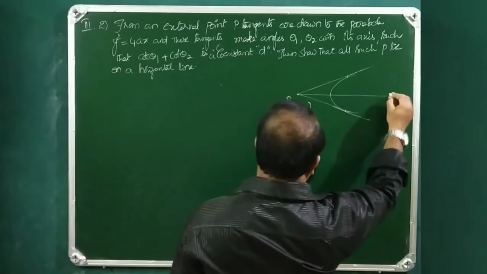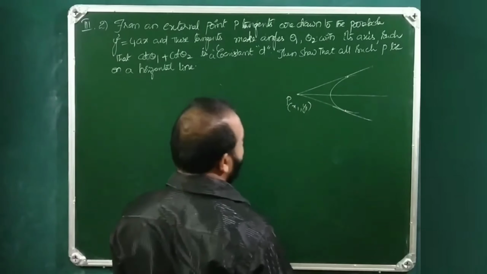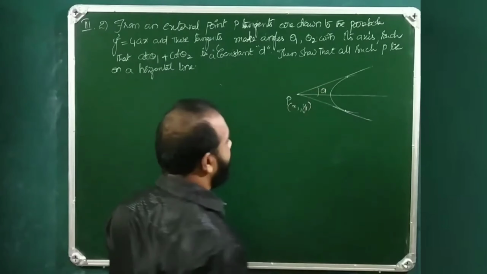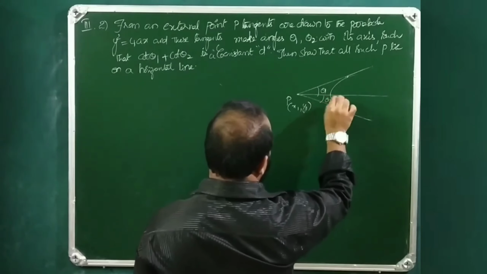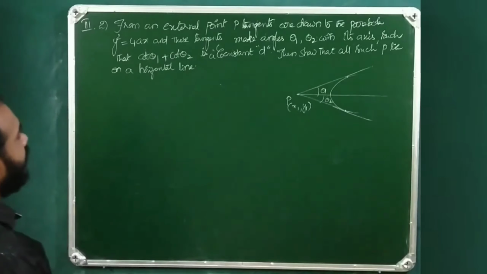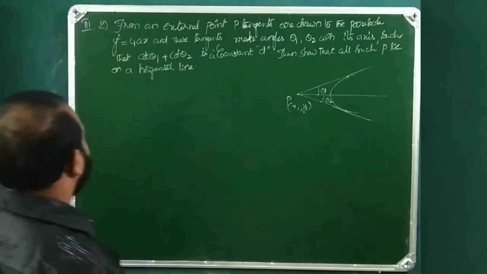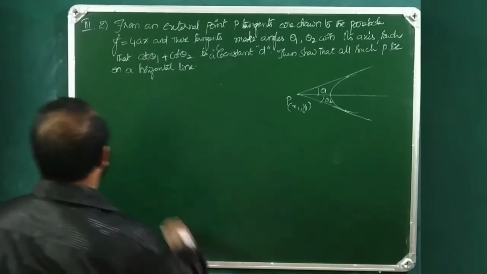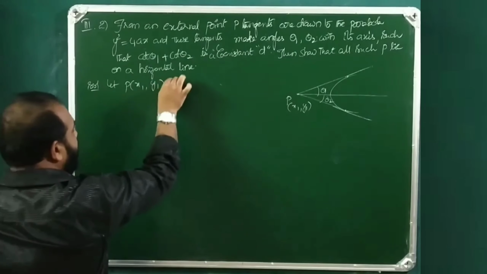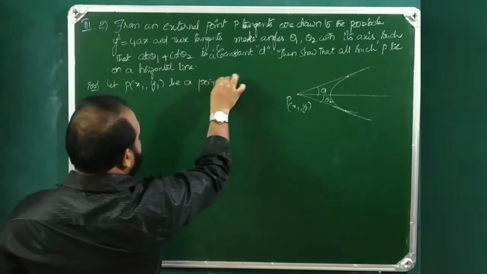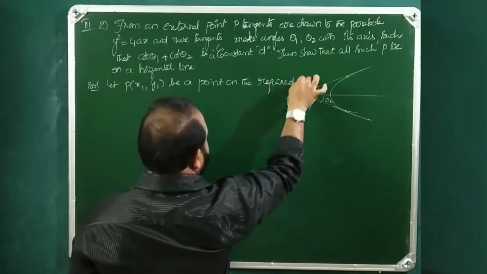This tangent is making an angle theta 1, and this tangent makes an angle theta 2 with its axis such that cot theta 1 + cot theta 2 is a constant. Solution: let P (x1, y1) be a point on the required locus.